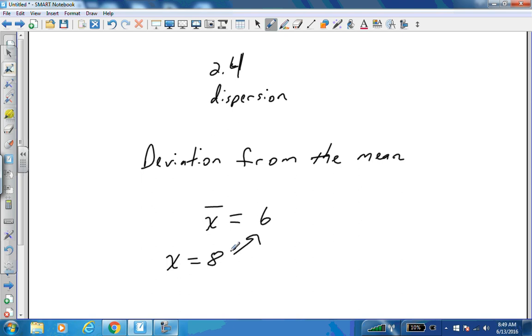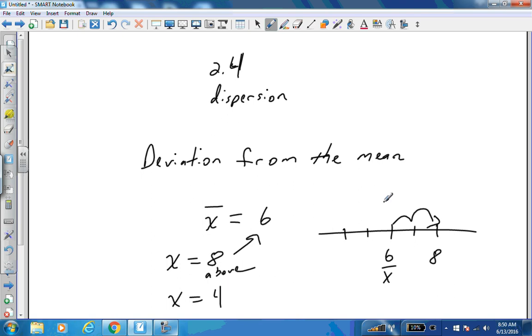More specifically, 8 is 2 units above the mean, because if we think about a number line, if the mean is here, obviously 8 is larger than the mean, so 8 is 2 units above the mean. On the other hand, we had a data value of 4. 4 is 2 units below the mean.